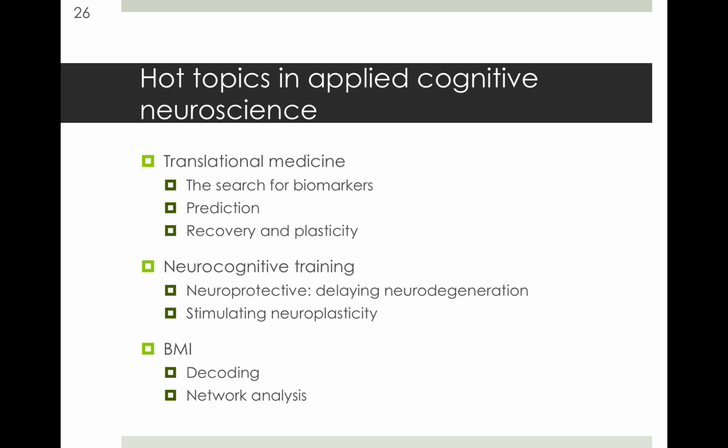It used to be that with the DSM, you had a list of symptoms, and if you had 4 out of 9 or 5 out of 9 of these symptoms, then you qualified as having a certain disease. But now we're moving more towards a search for biomarkers. A useful screening tool, for instance, for Alzheimer's disease might be: do you have plaques and tangles in your brain?